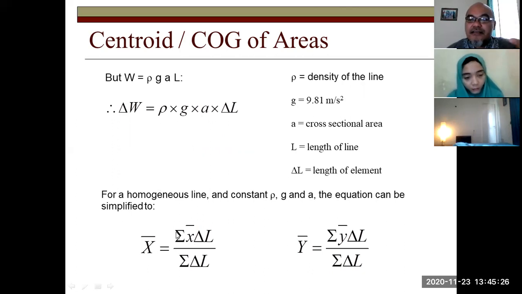Then they cancel between the numerator and denominator. Then the new center of gravity x coordinate will be equal to sigma x bar of each length element times delta L, divided by sigma delta L. Similarly, the y coordinate equals sigma y bar delta L divided by sigma delta L.